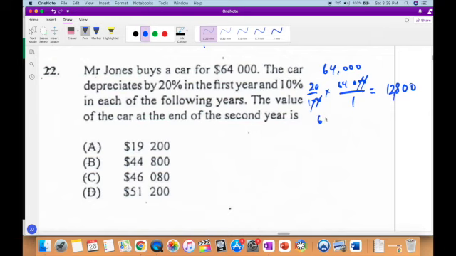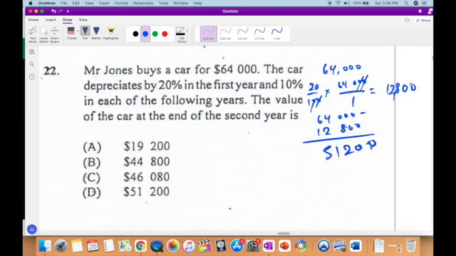So after the first year it is 64,000 minus 12,800. How I would do this is I would say 64,000 minus 10,000 will give me 54,000, and then I'll minus another 2,000, which will give me 52,000, and now I'll minus the 800, so that will give me 51,200.